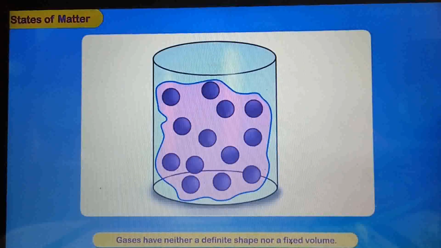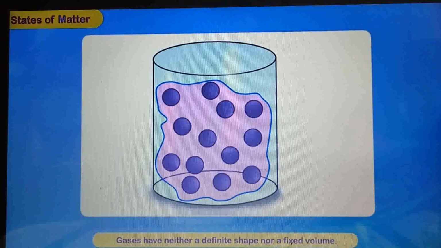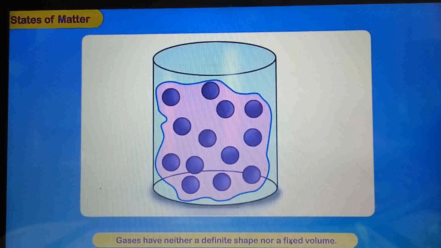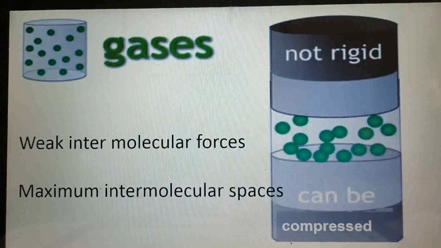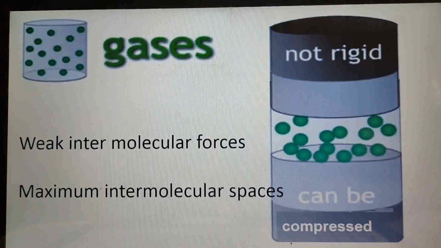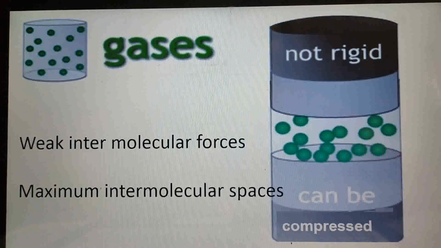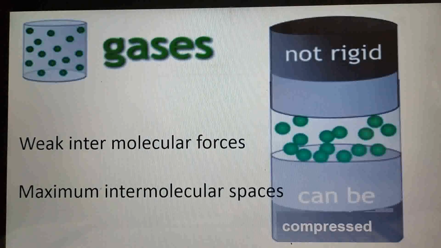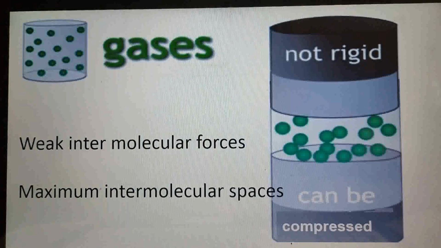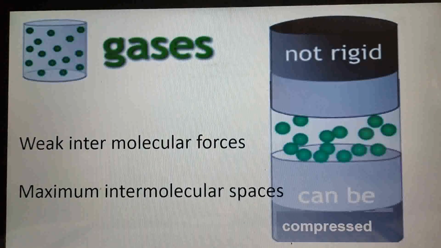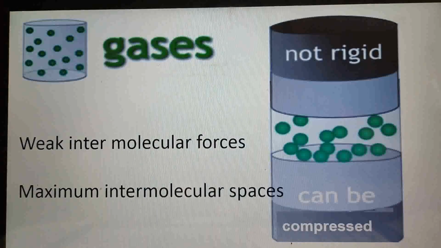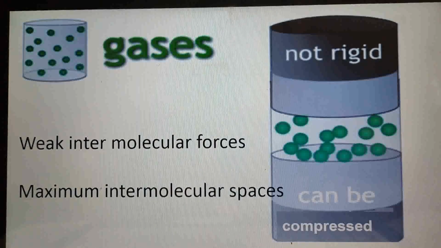So what are gases? Gases are substances that have neither a definite shape nor a fixed volume. The intermolecular forces are very, very weak and the spacing is maximum, due to which we can compress gases very much.